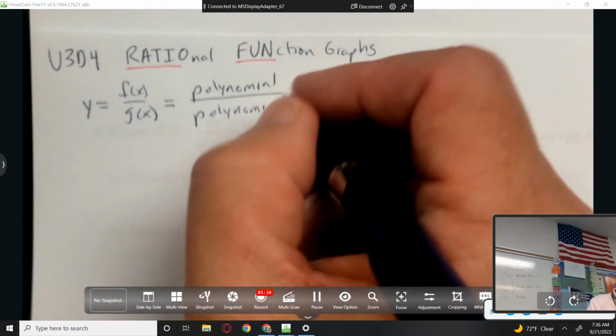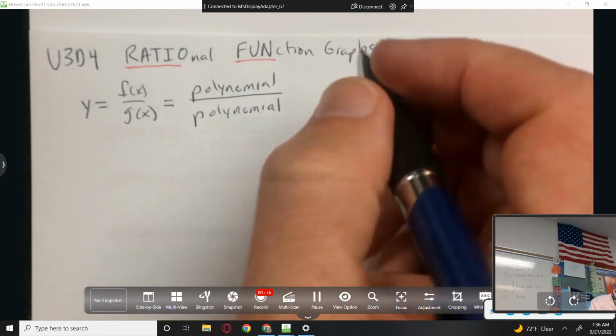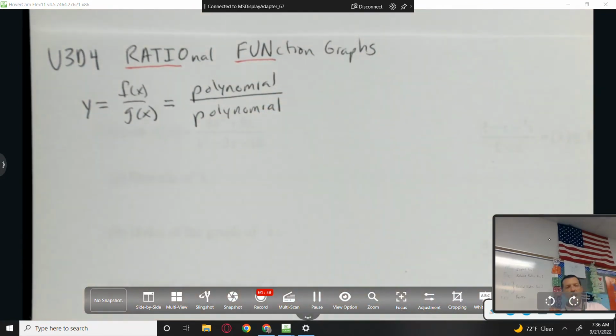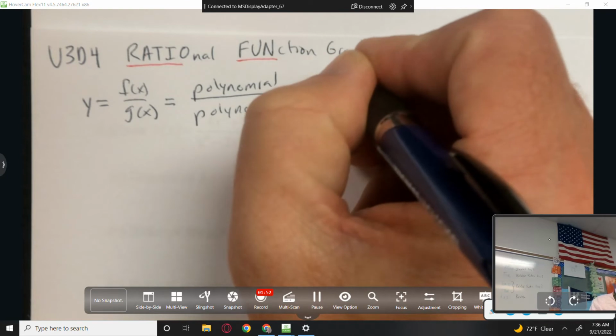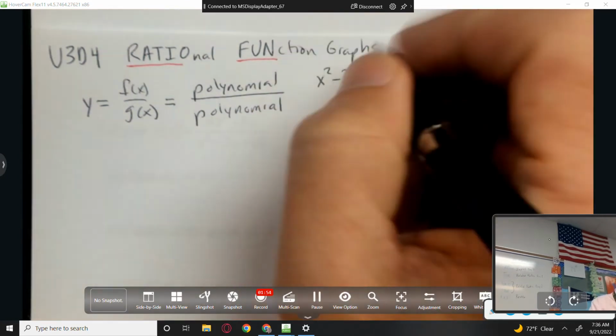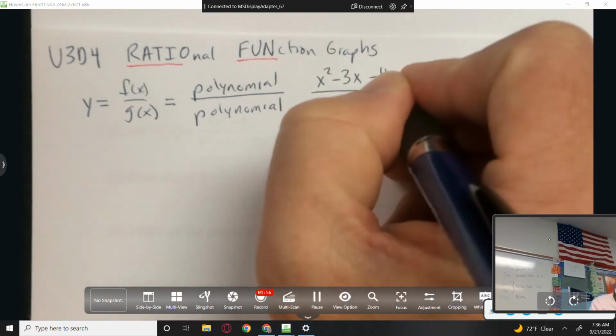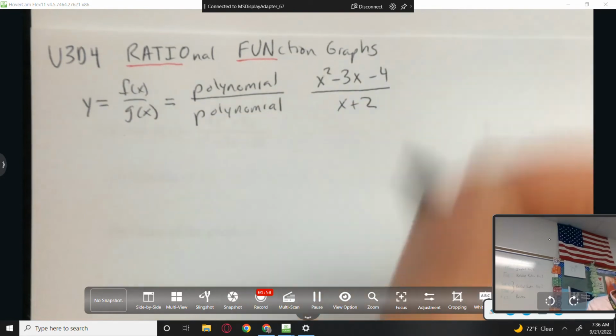A polynomial would be anything with an integer exponent, x squared, x cubed, x to the fourth, not square roots. That would be the main thing. So most of ours are going to look like x squared minus 3x minus 4 over x plus 2, something like that.